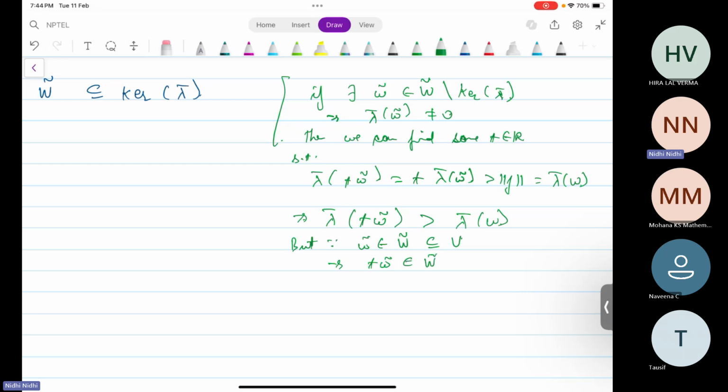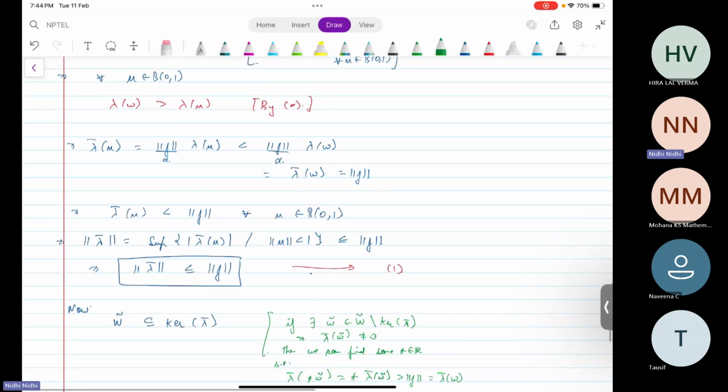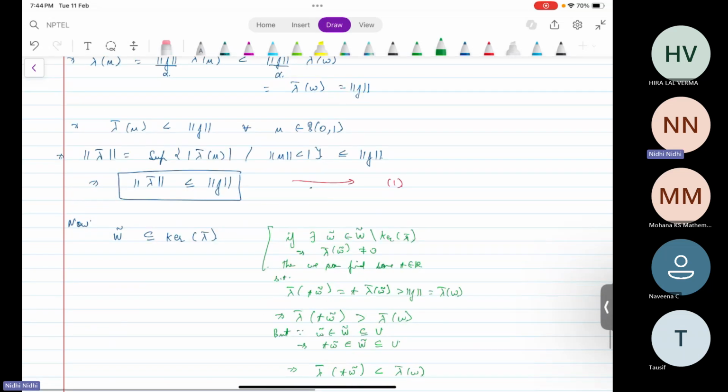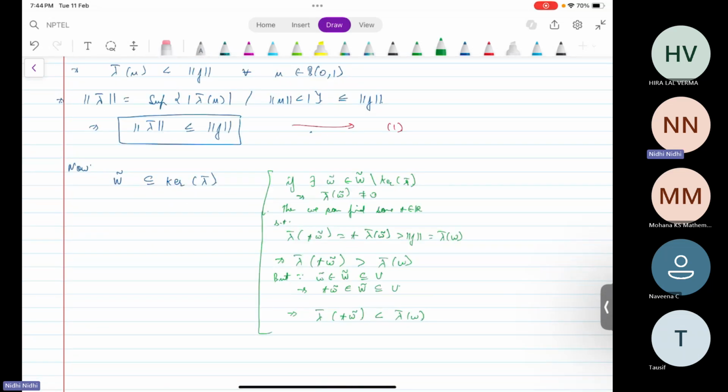It is the kernel space. No? This is again a subset of U. And we know that for every vector in U, lambda bar u is strictly less than lambda bar w. We had seen this using the Hahn Banach theorem. So this gives us that W tilde must be a subset of kernel lambda bar.